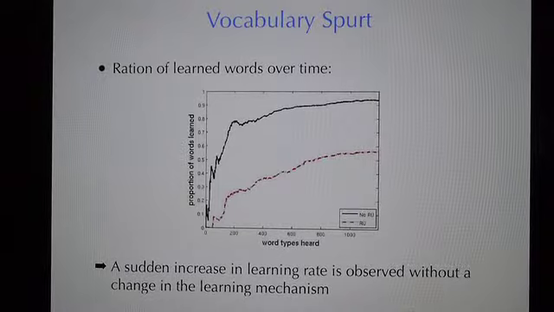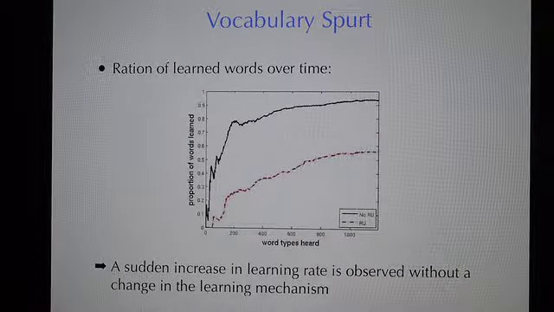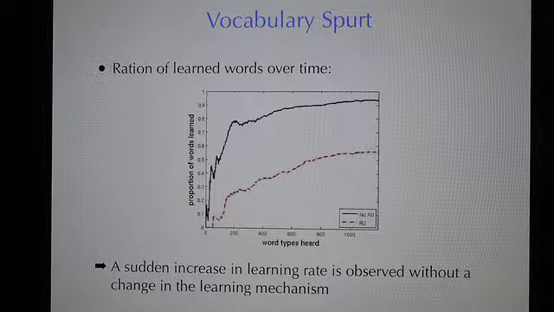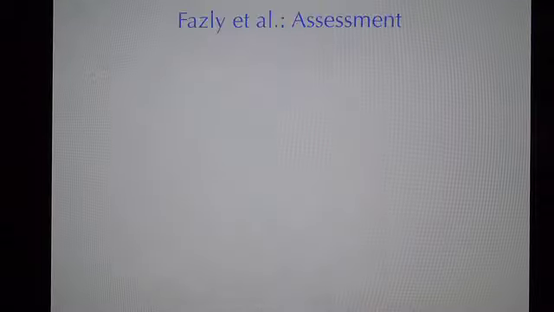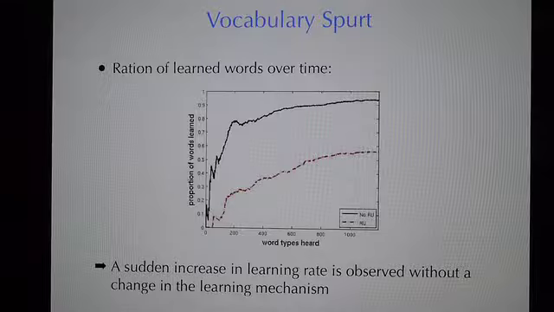But they do show that the model learns over time once it gets to receive enough input data, and more importantly, it shows certain patterns such as the vocabulary spurt. I refer you to the paper itself for other experiments that they have done, but they also show that patterns similar to fast mapping and learning the second labels also appear in this model.